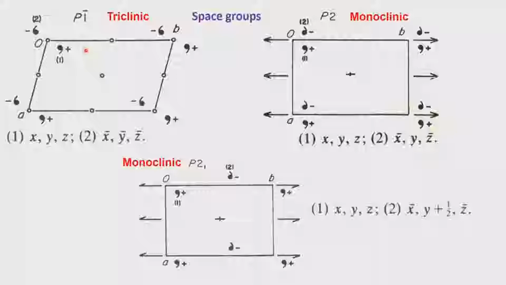No other relationships are possible, and so there is no point in indicating the diagram for P1, even though the International Tables for Crystallography will also list P1 as the first space group.